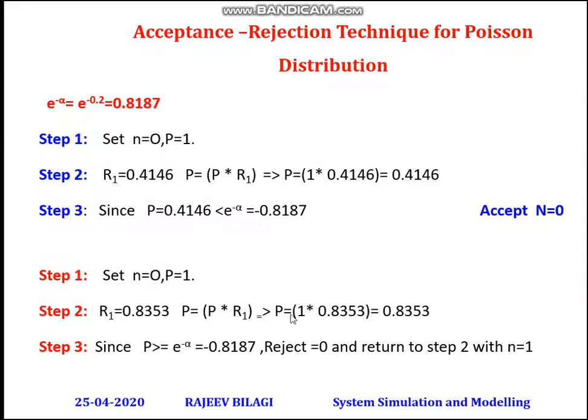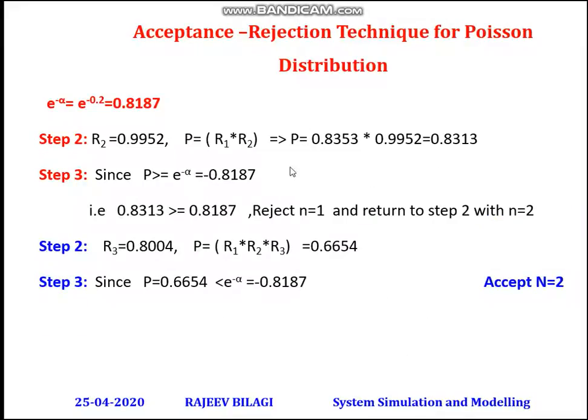Now when the value is rejected, the new value of p, what you obtained here, that is 0.8353, you have to multiply by R2 after increasing n by 1. So that is why I have taken p equal to 0.8353 into 0.9952. I am getting 0.8313.